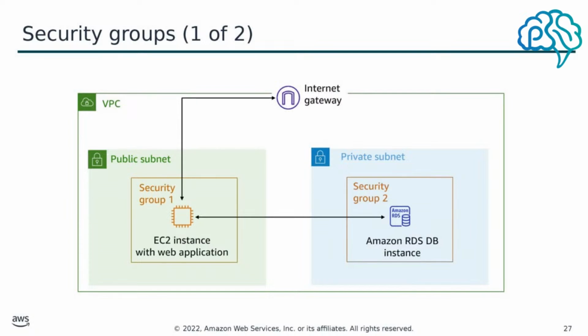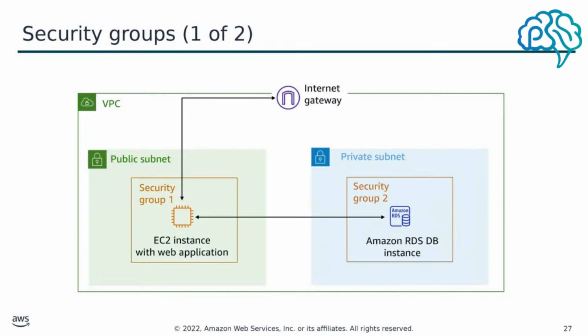The private subnet would contain an Amazon Relational Database Service database that's protected by security group 2. The only way you're going to allow these things to talk to each other is between the two security groups. This is why the secure by design principle is working here: you actually have to connect those two resources through the security group, and the internet can only communicate with security group 1.